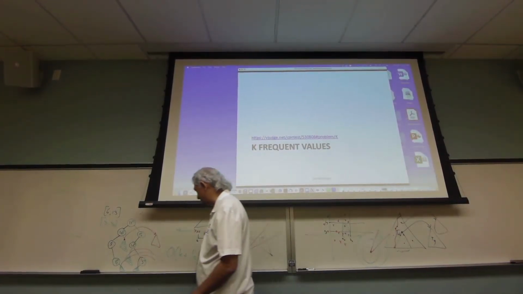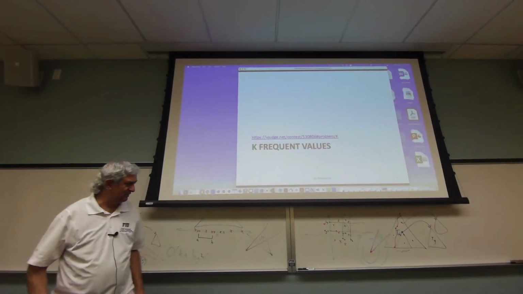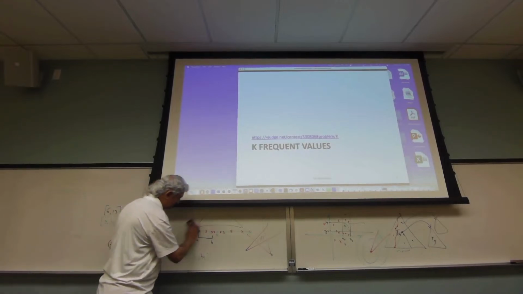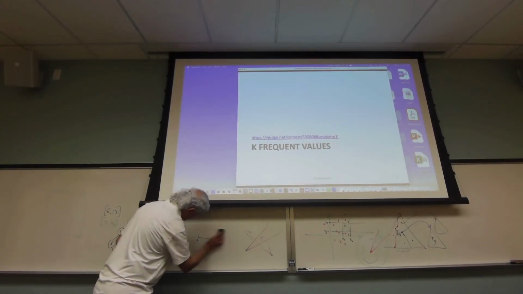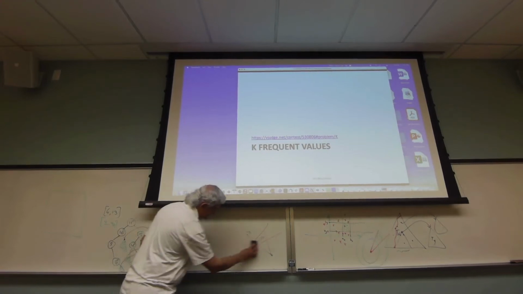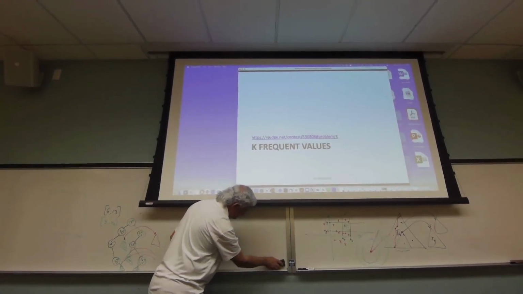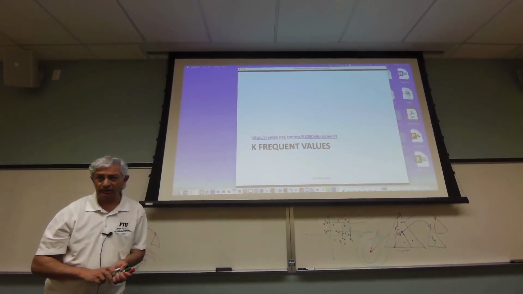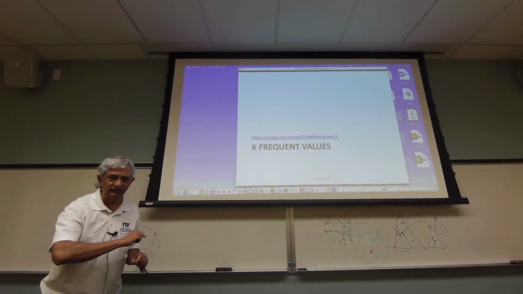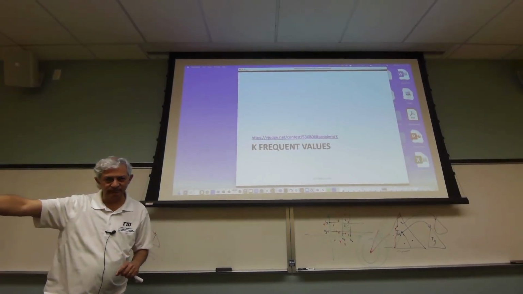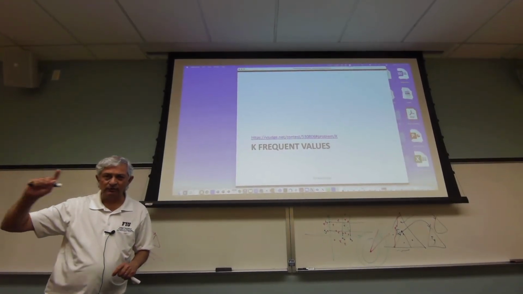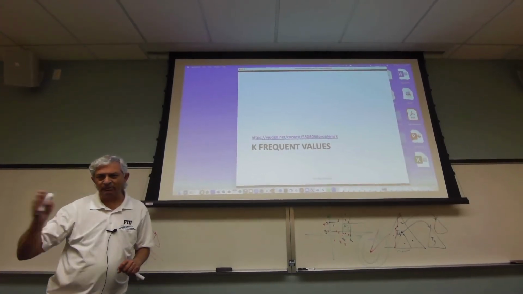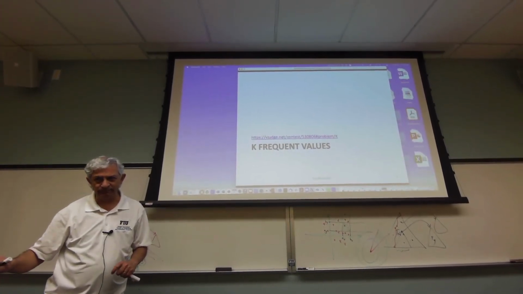So here's a problem that you'll find somewhere in the problem set. You're given a sequence of numbers, and these numbers are non-decreasing, in the sense that they may be equal, but will never go down.